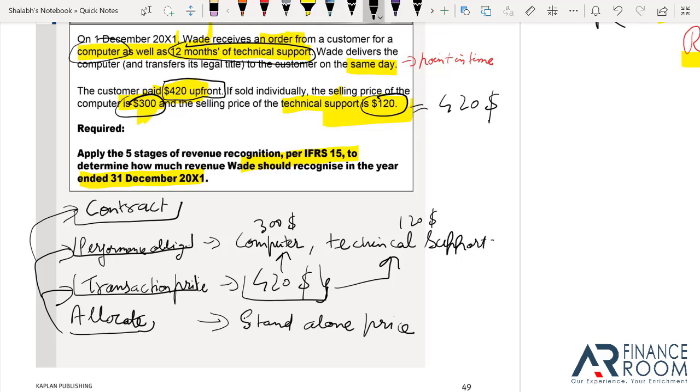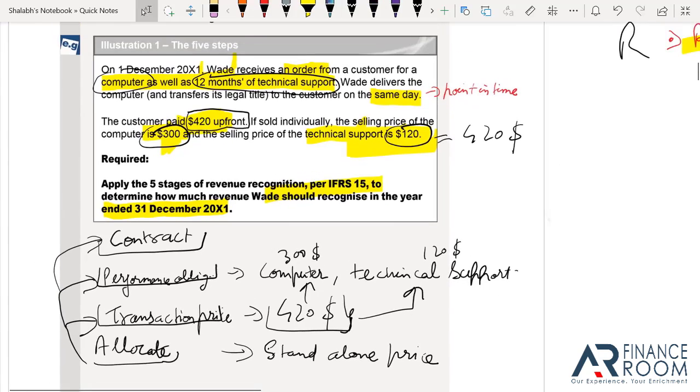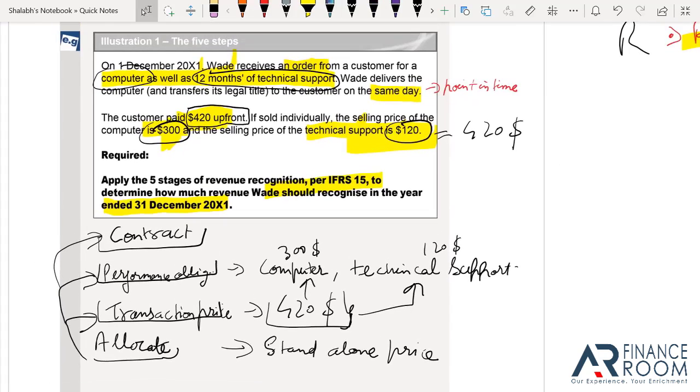Now for the sake of understanding, let this be $320 and let this be $140, because prima facie in a practical world, more often than not, standalone price is much more than the bundled price.